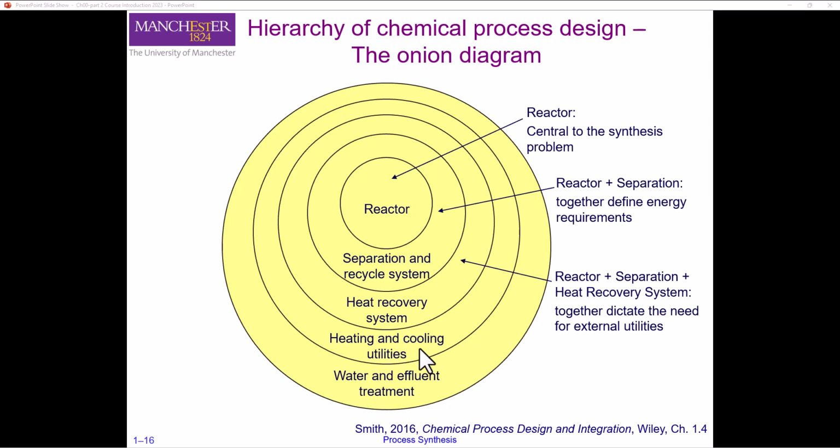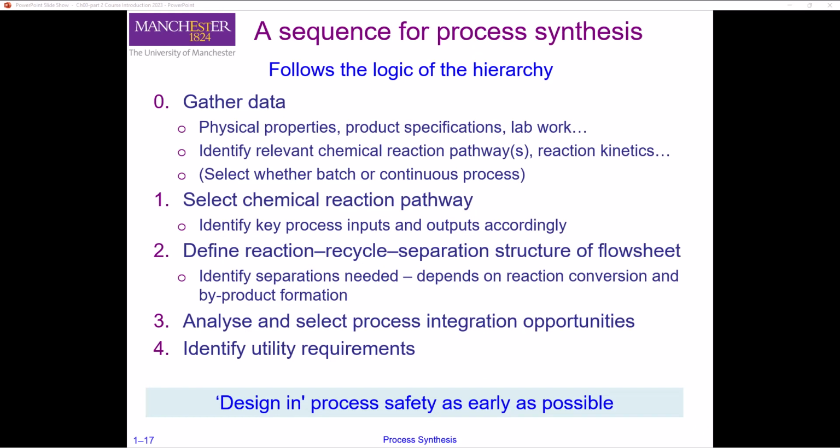And finally, you look at water and effluent treatment, and that is also linked with heating and cooling requirement as well. It also depends on, for example, whether you have effluent gas, liquid, or solid phase, and then you can decide your treatment for the effluent. The onion diagram then sets the sequence for the process synthesis and for the collection of the necessary information.